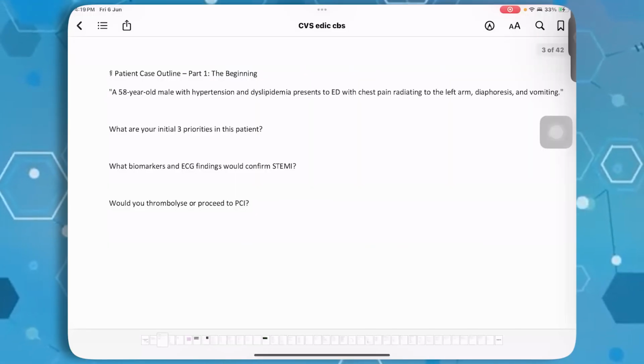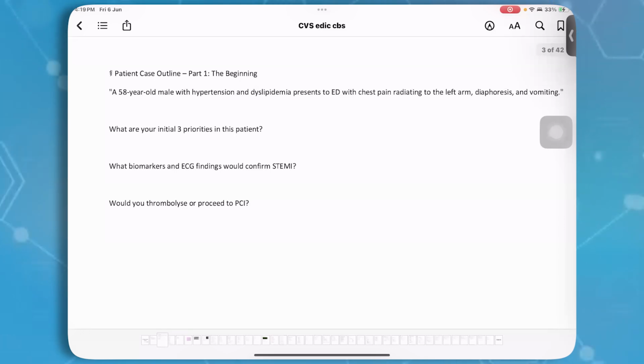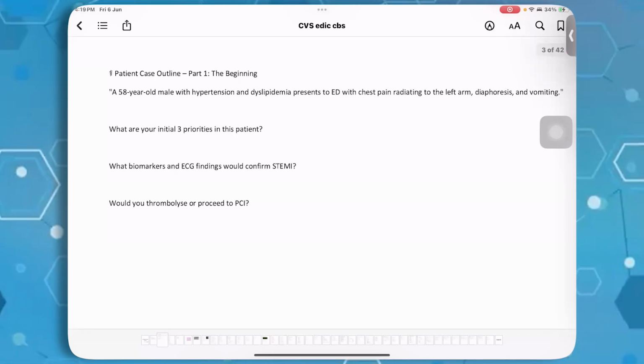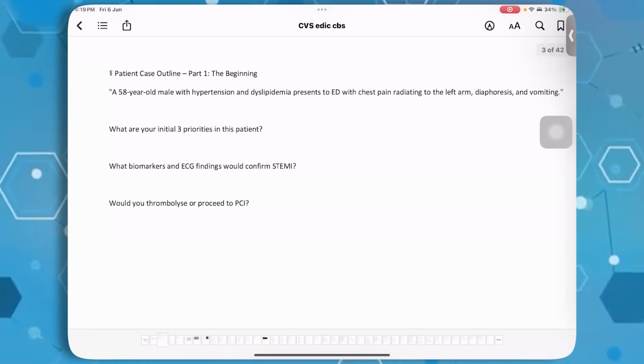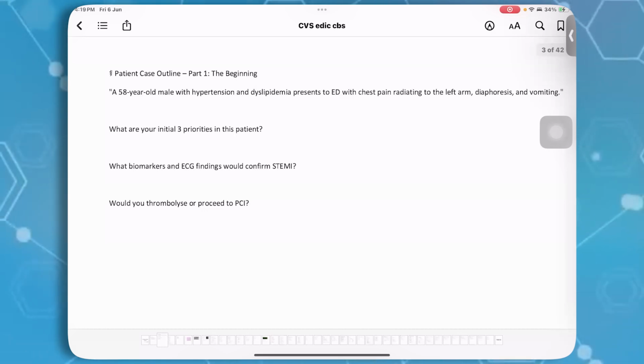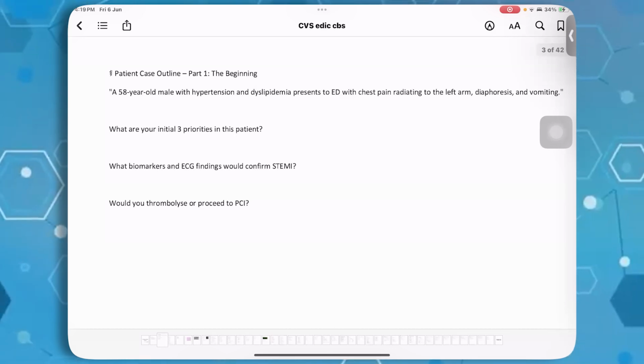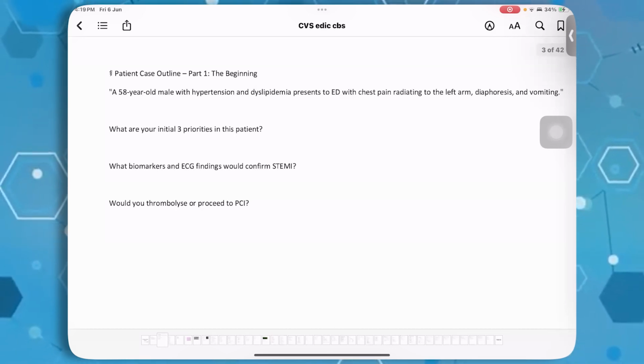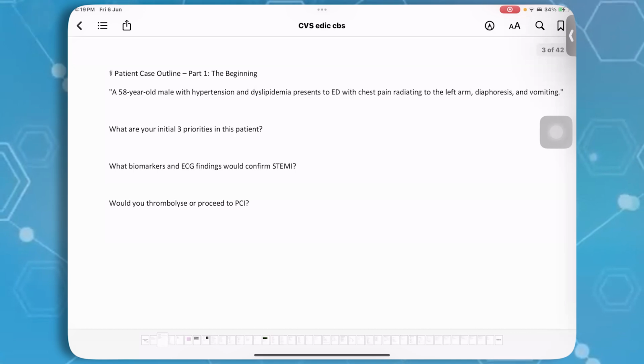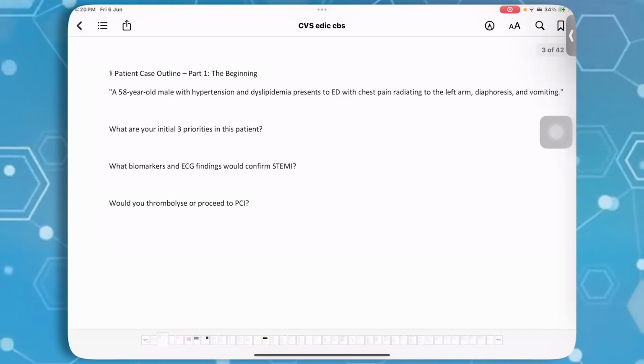So we have a 58-year-old male who has dyslipidemia, who is in the department with chest pain radiating to the left arm with sweating and vomiting. Now, if this patient presents to you in the emergency room, I will have 3 questions for you. Number 1, what are your initial 3 priorities in this patient?